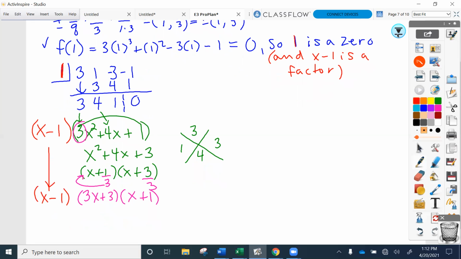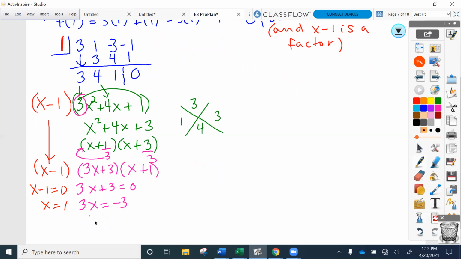So as we know, x minus 1 equals 0. We already had this 0 from the beginning, from the P and Q. If I did 3x plus 3 equals 0, I would get 3x equals negative 3 when I subtract 3. And then x is equal to negative 1 when I divide both sides by 3.